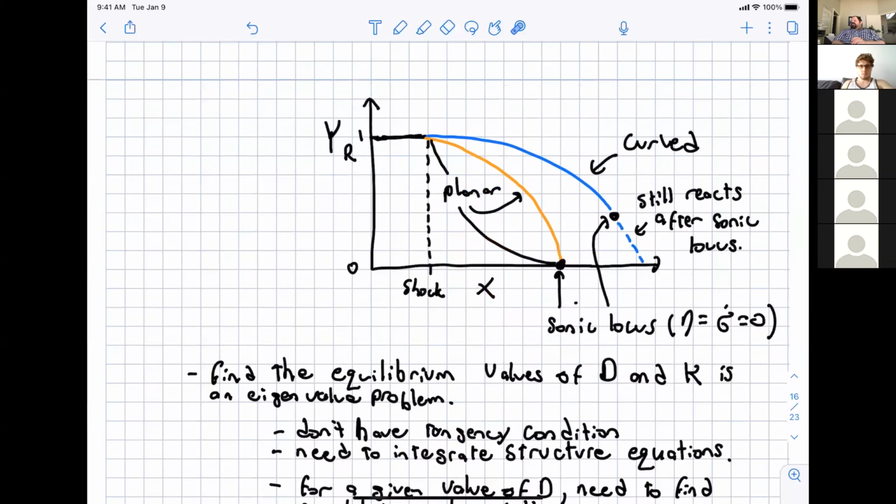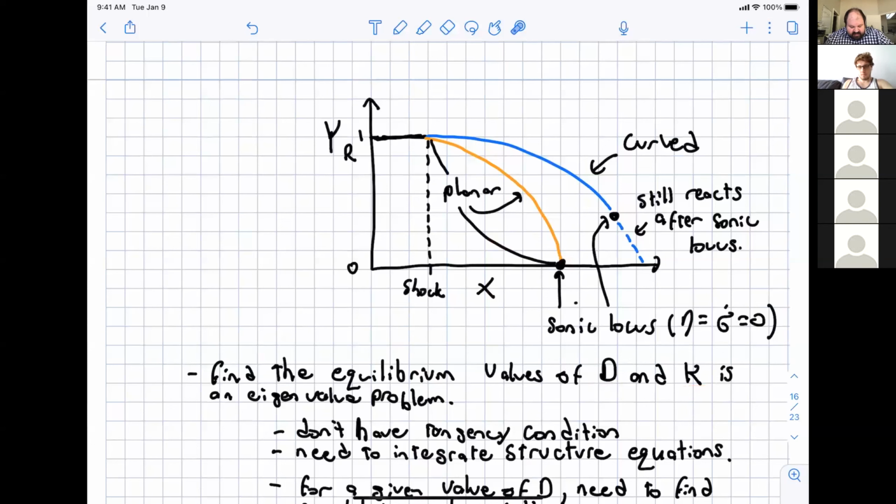But there is an issue with this: for a given value of, say, the detonation velocity, there is only one value of the curvature that will give an equilibrium detonation. So you're not free to pick D and kappa to be anything you want. There are correct pairings for the detonation velocity and the curvature of that detonation.